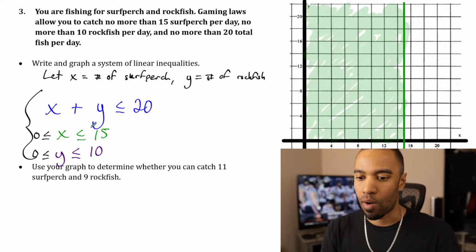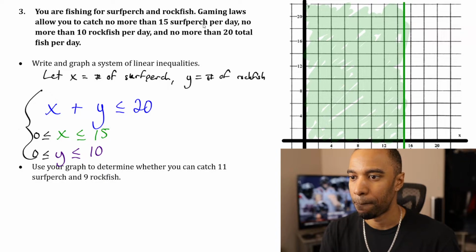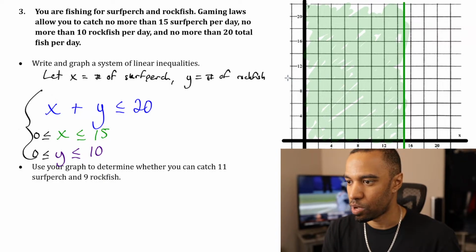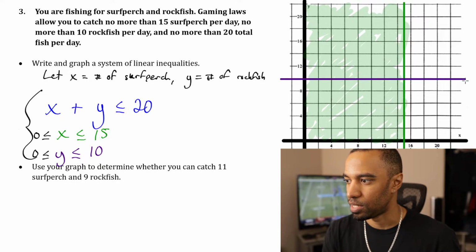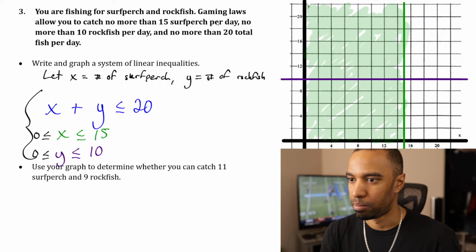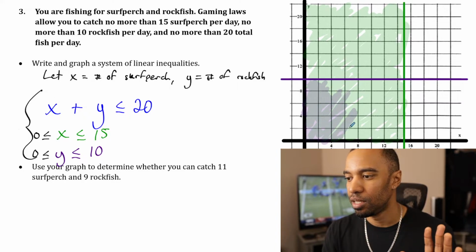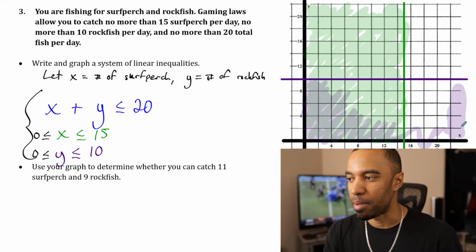All right, Y is less than or equal to 10, but also above 0, of course, as we talked about. Let's go ahead and do that one. 10 is, there's 8, there's 12, so here's 10 right there. We got to stay underneath that. Purple. So I'm going to be in the first quadrant underneath that. Remember, I'm not just shading the selected region. And I think for the last problem, maybe I just will.